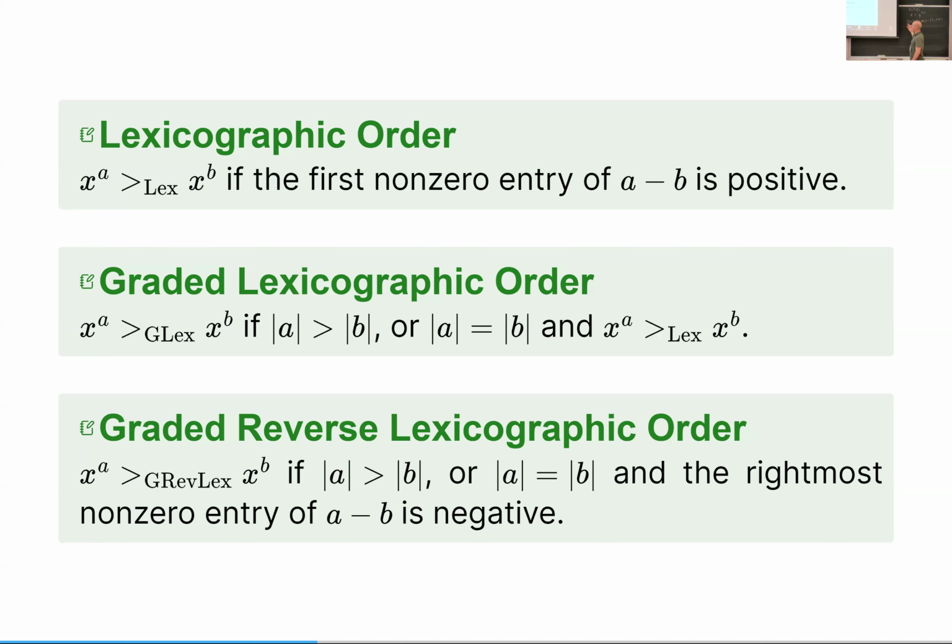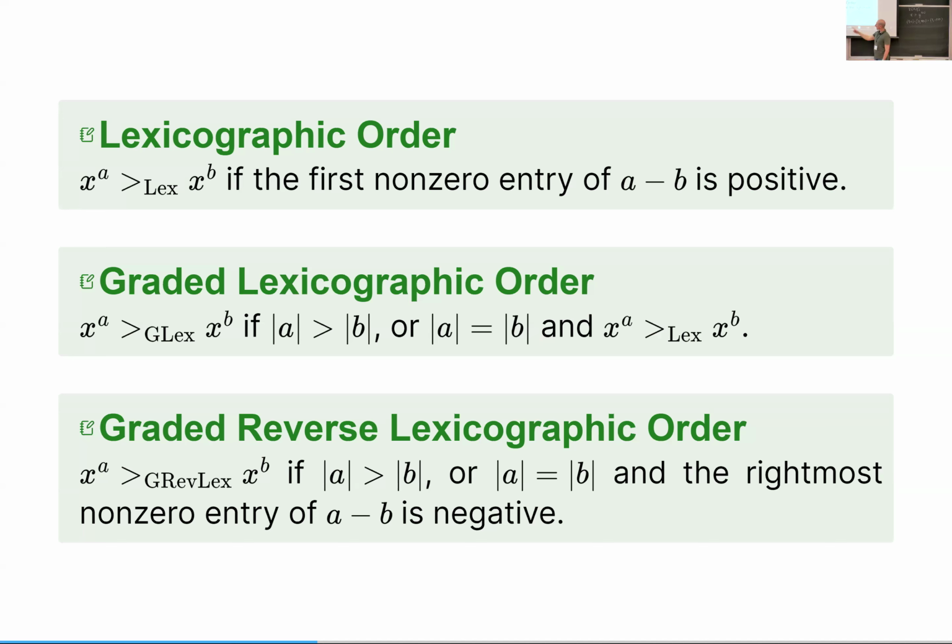So if you don't like that, you might say, well, hold on, I'd rather bring in the total degree first. So you introduce the graded lexicographic order that says x to the a goes before x to the b if it has larger total degree, or in case the total degrees are the same, then I fall back to the lexicographic ordering. Okay? And the final one that I'm going to present here, graded reverse lexicographic order, is still graded, so it first checks for total degree.